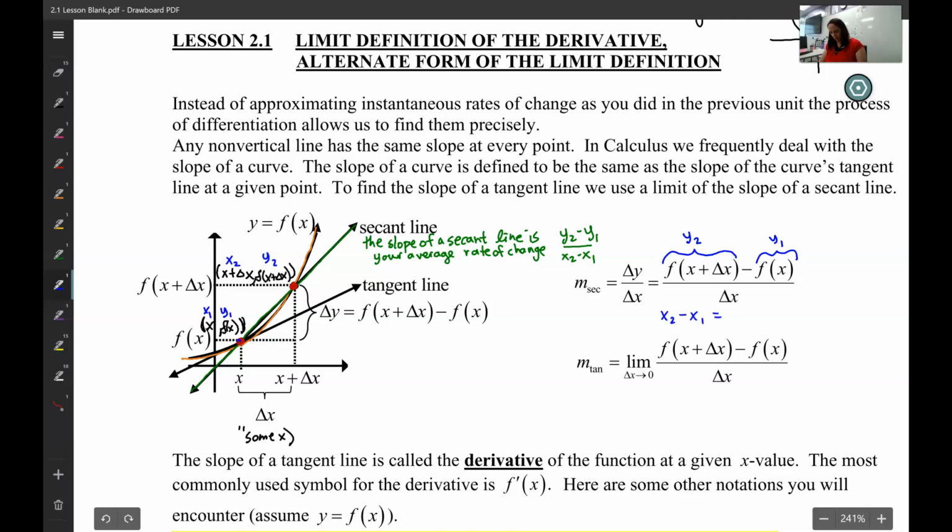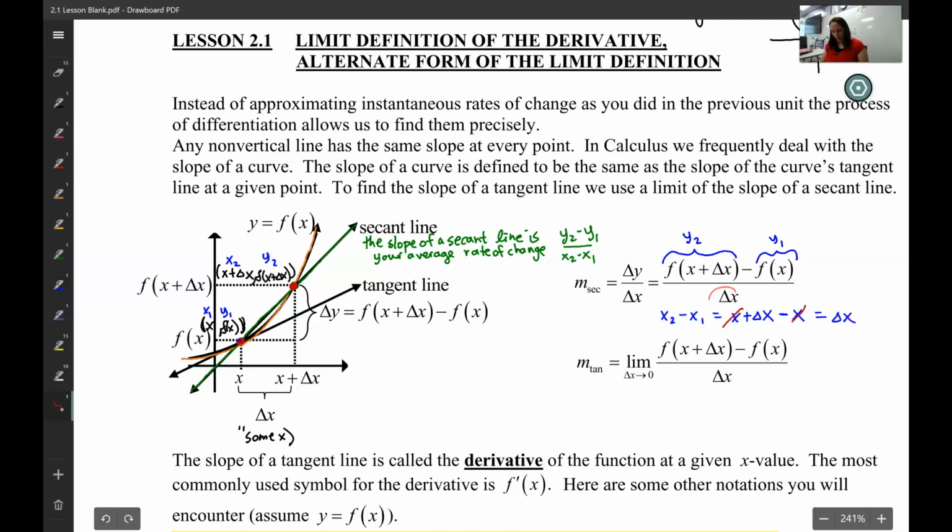So x2 right here is my x plus delta x minus my x1 right there is x. And if I simplify that, I can see my x's are going to cancel, and I'm left with delta x.